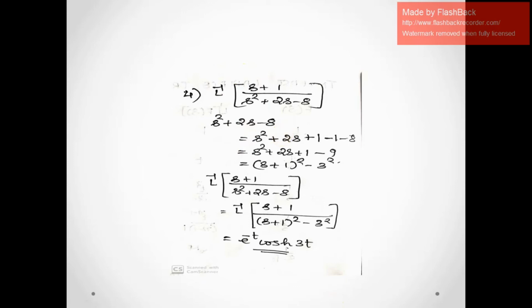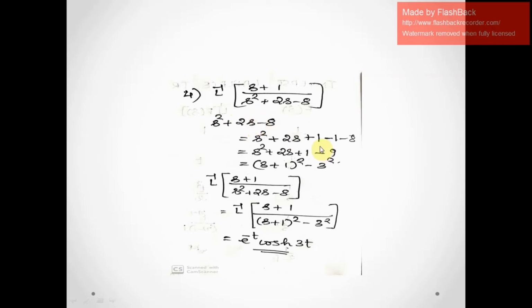S square plus 2s. What we have to do is identify the term I have to separate from this minus 8. This is s square plus 2ab. 2 is there, a is s. There's nothing for b, that means b must be equal to 1.